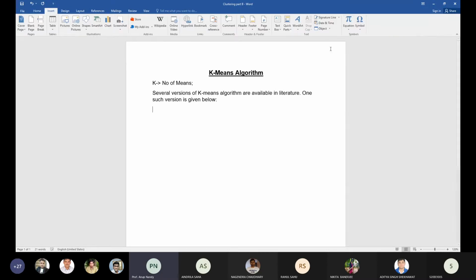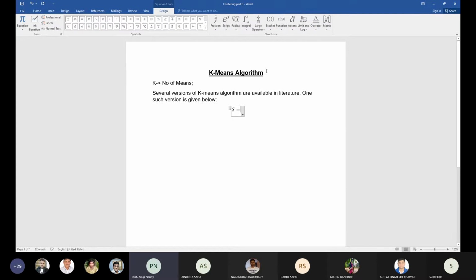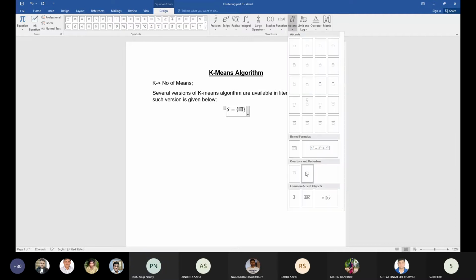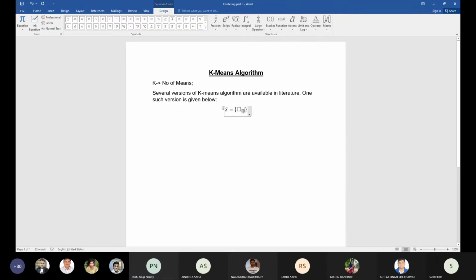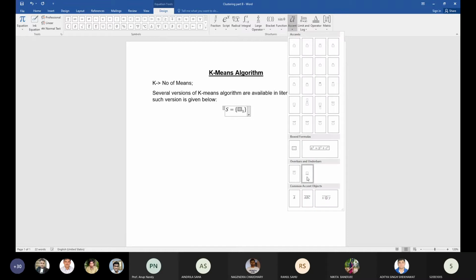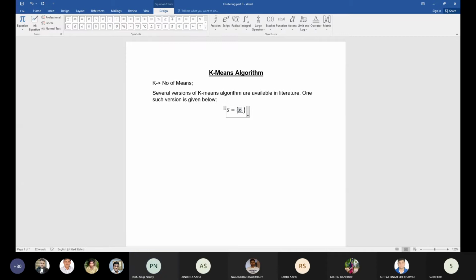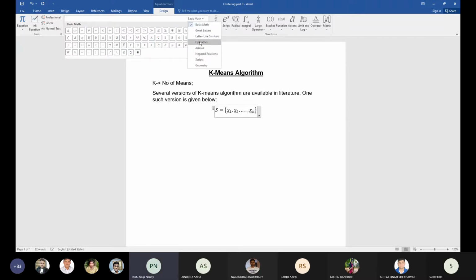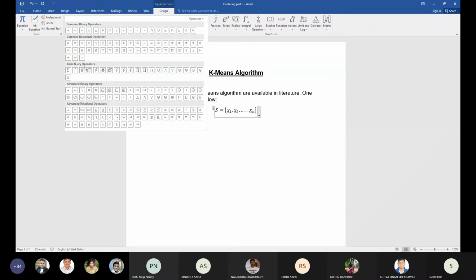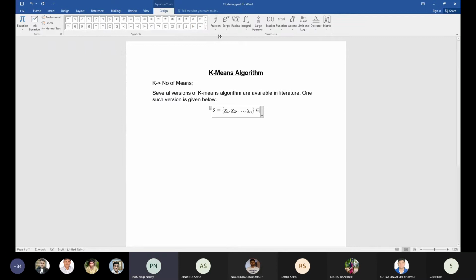Suppose we have a set S equal to x1, x2, up to xn, which is a subset of R^m.